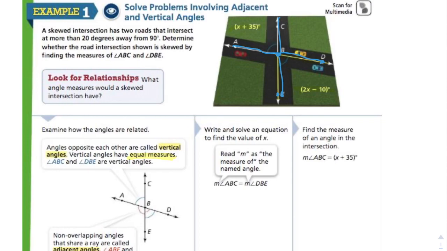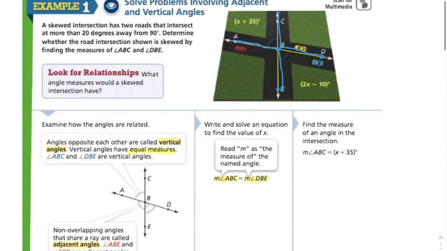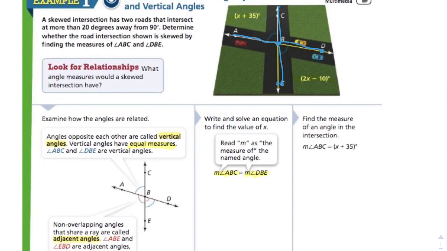So we can say that the measure of ABC is equal to the measure of DBE. So let's break that down. So the measure of ABC we know is x plus 35. And we're setting that equal to the angle of DBE, which we know is 2x minus 10.